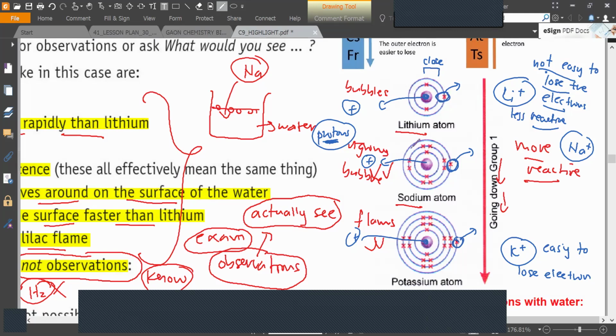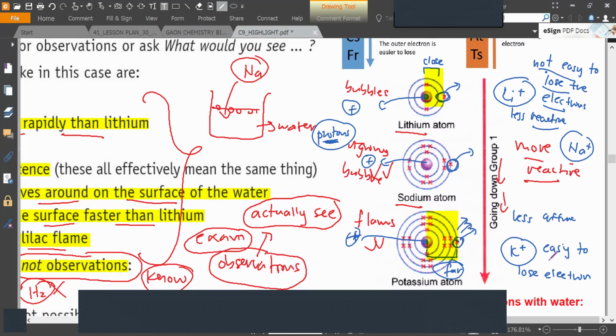Okay. Look at the potassium. The potassium is far away from the nucleus. So you see this one is close. This one is far away. Because it's far away from the nucleus, it has less attraction to the positive nucleus.